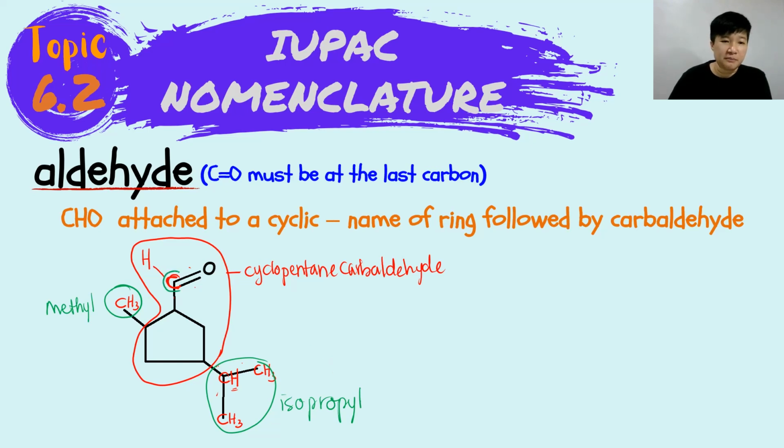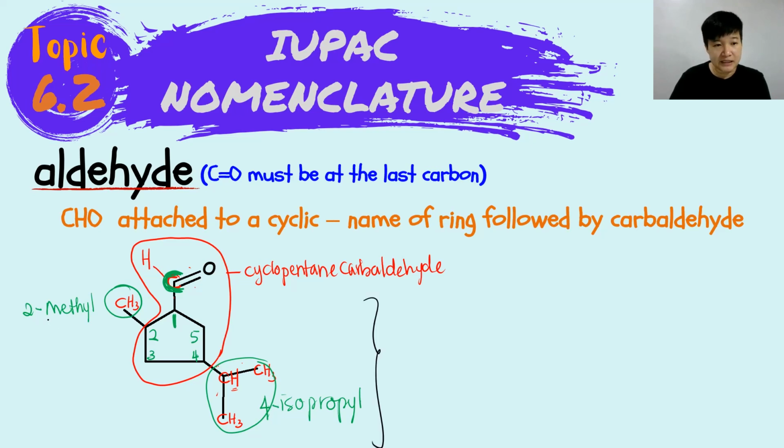So always remember the carbon that is holding the C double bond O must be carbon number 1. Moving to the left or moving to the right? Moving to the left, because your substituents will come across the lowest numbers, which are 2, 3, 4, 5. So your methyl group will be carbon number 2. Your isopropyl will be carbon number 4.